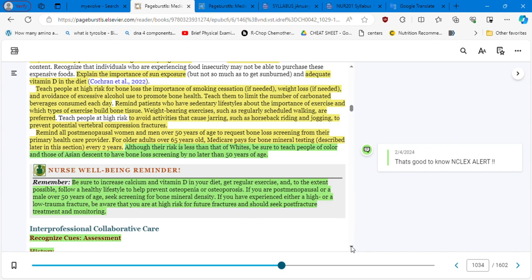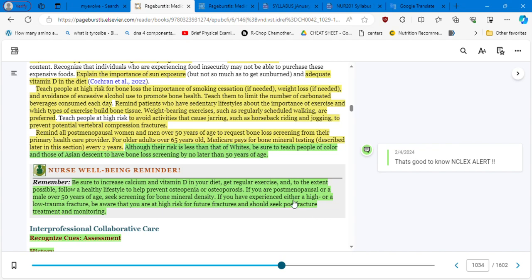Remind all postmenopausal women and men over 50 years of age to request bone loss screening from their primary health care provider, meaning go to the primary care and ask the doctor for your bone mineral density exam, your DEXA, right?